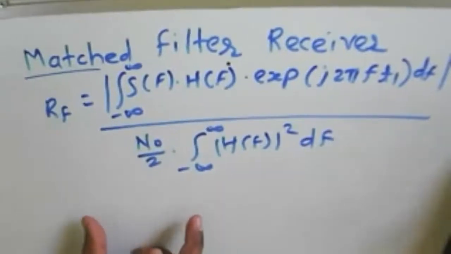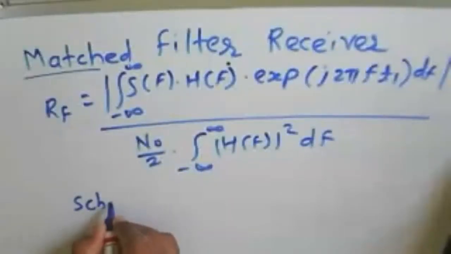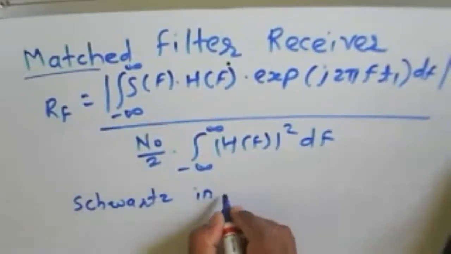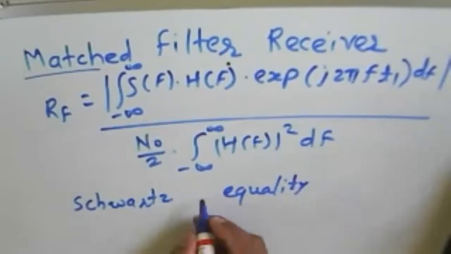So we use the Schwarz inequality. It is a continuous inequality.